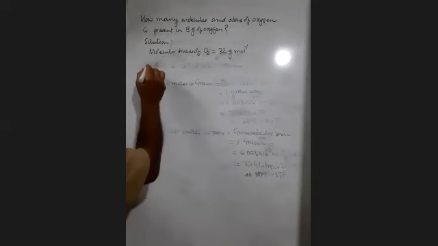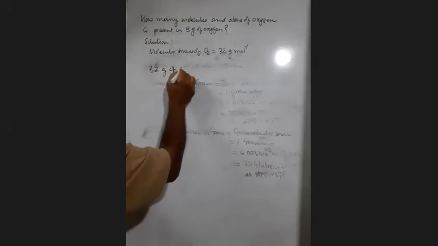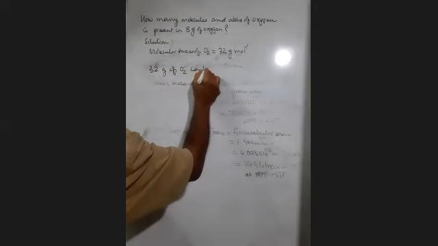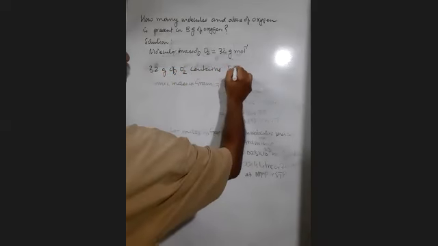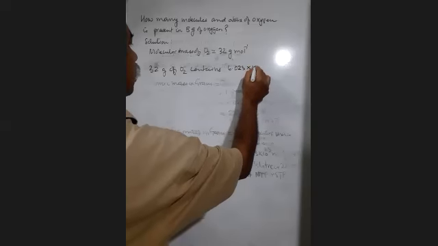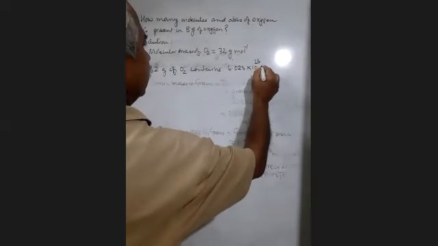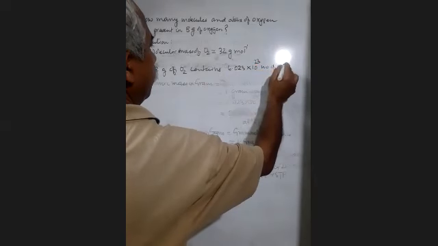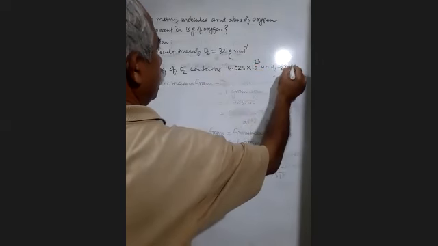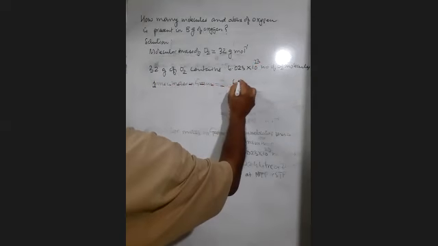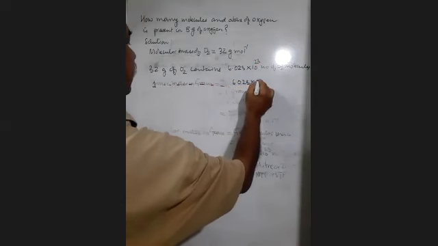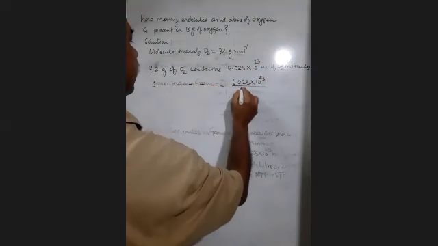So we can write, 32 gram of oxygen contains 6.023 into 10 to the power 23 number of O2 molecules. So 1 gram will contain 6.023 into 10 to the power 23 divided by 32.